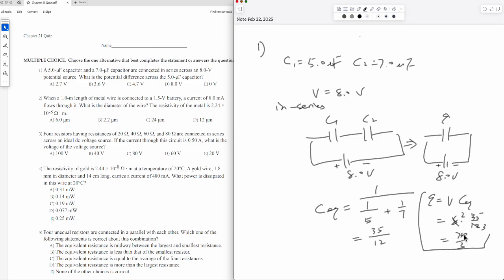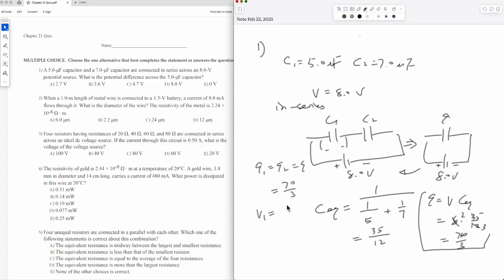Okay, and this is the amount of charge. And then you go back. So they connect in series. Okay, so amount of charge Q1 equal to Q2 equal to Q because they connect in series, right? So Q1 is 70 over 3, right? All right. So what's the voltage here?